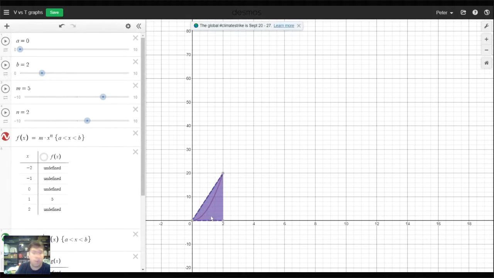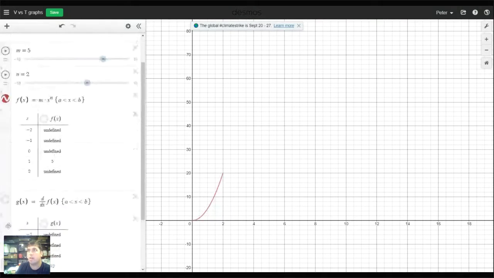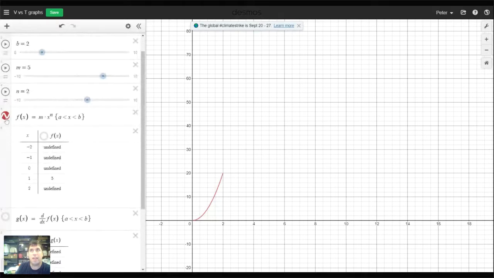Area of a triangle, 1/2 base times height. So 1/2 of 20 times 2 is 20. And that gives me the distance that I have traveled in there, which is pretty cool, that I can take this crazy curve of a position graph and represent the same thing by the area under this nice straight line.